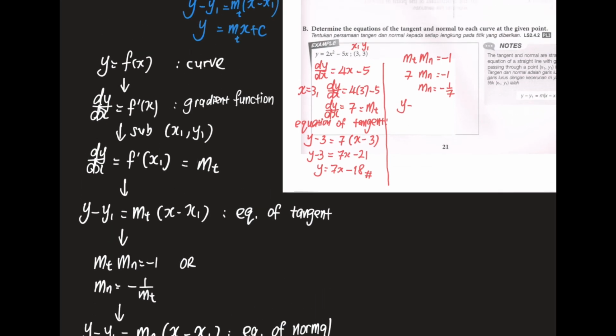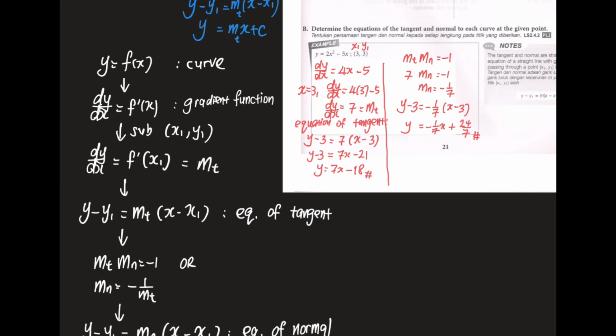Okay, so y minus, our x1 and y1 are 3, 3. So y minus 3 equals gradient of normal times x minus 3. Minus 1 over 7x plus, okay, I use the calculator straight away, 3 over 7 plus 3, 24 over 7.